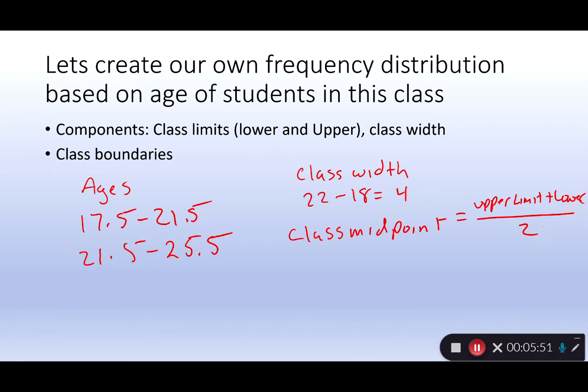And we used the class midpoint when we were getting the mean of our data just about a week ago.